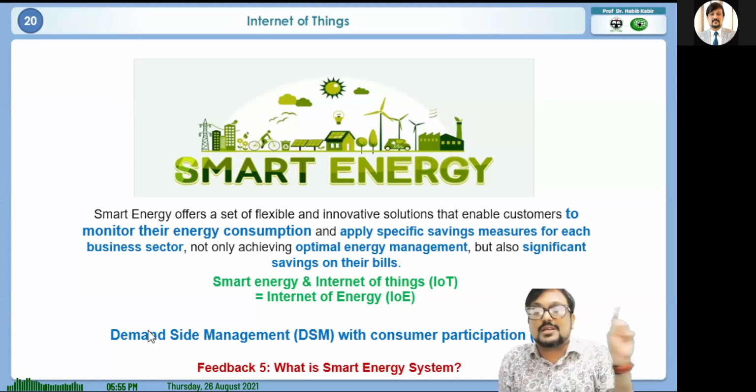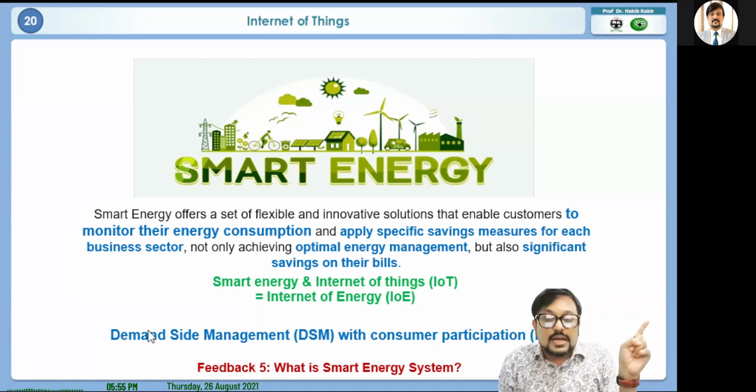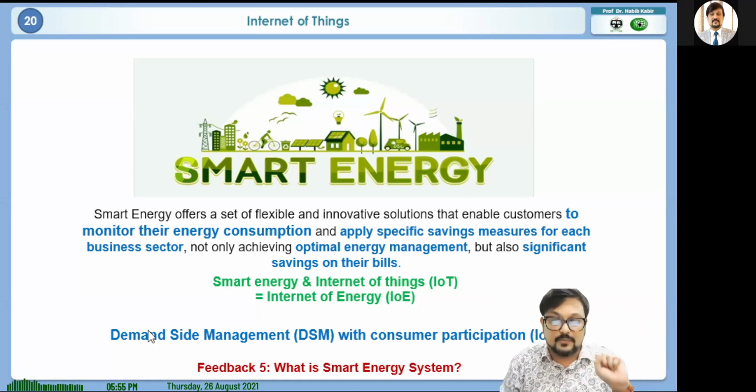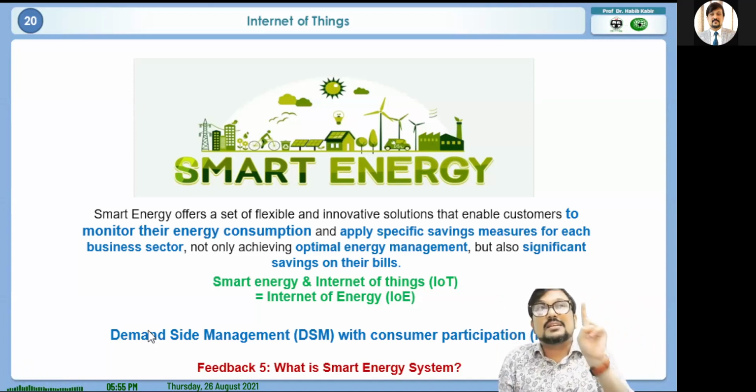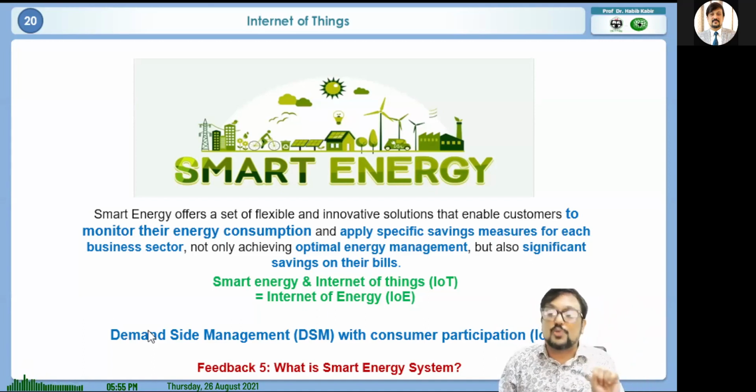For IoT we might know beforehand that the convocation is today, so don't put it off, we will give you extra money. But for a normal user, if your birthday is today, or you have an online exam, and the electricity should be there, then traditional demand side management is not okay.